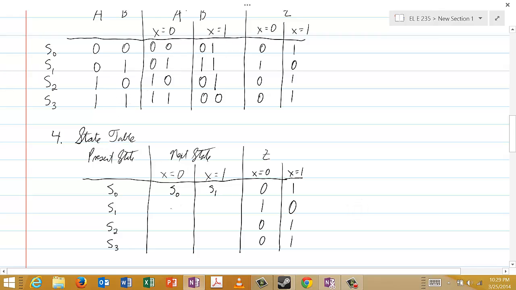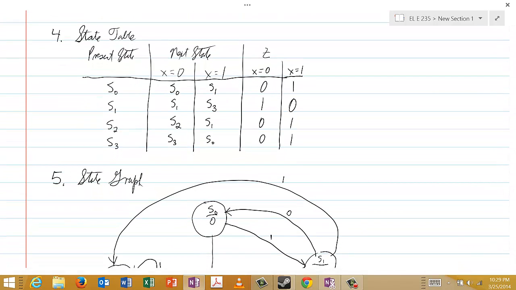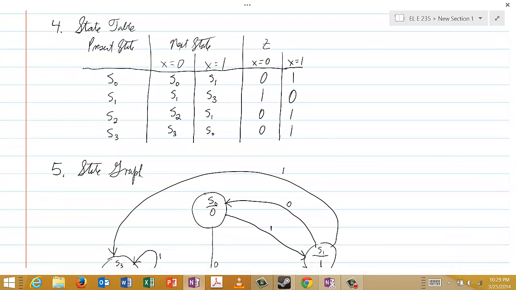Again, 0, 1 is S1. 1, 1 is S3. 1, 0 is S2. 0, 1 is S1. 1, 1 is S3. And 0, 0 is S0. And that state table should have all the information we need to analyze how this sequential circuit works.